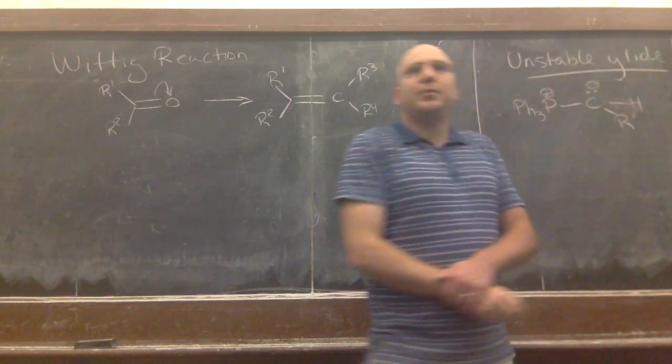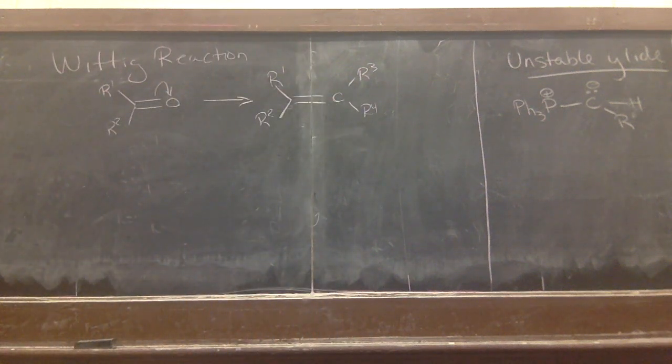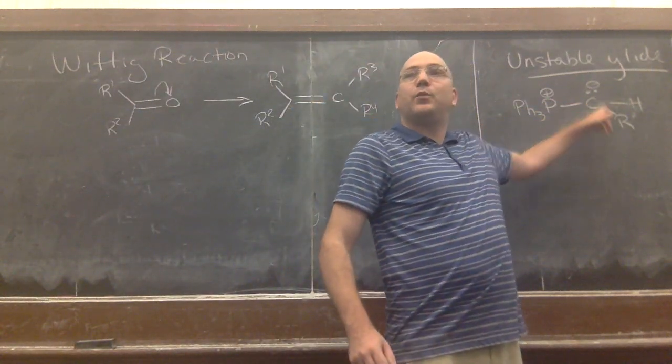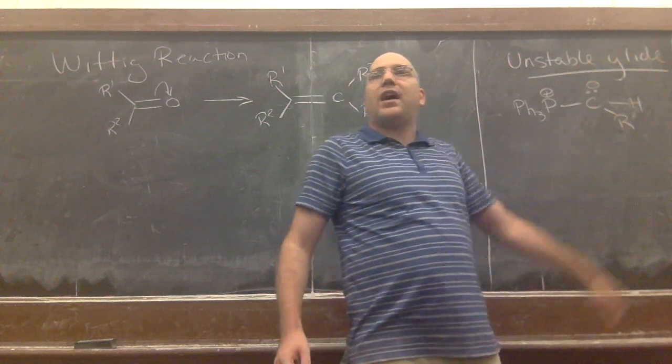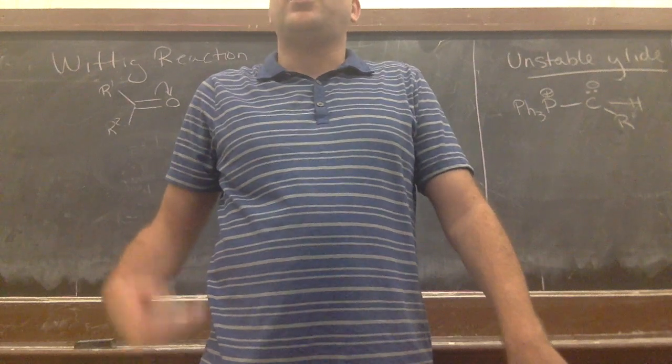right, just to make things simple, I'll just put an H there. But basically what we're referring to here is cases where that anion that's formed isn't stabilized with anything else, right? So if that R group, what would be a way that that R group might stabilize a negative charge? Things like resonance, right?